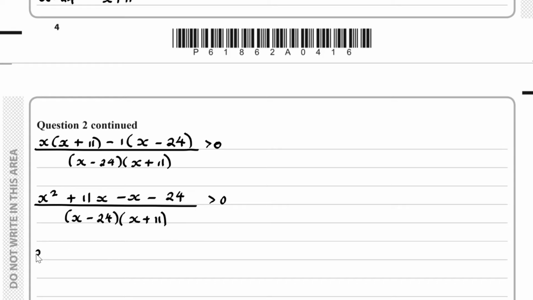And if we simplify on the top, we have x squared plus 10x minus 24. Sorry, plus 24. And that's because we have minus 1 times by minus 24. And on the bottom, we've got x minus 24 lots of x plus 11 being greater than 0.